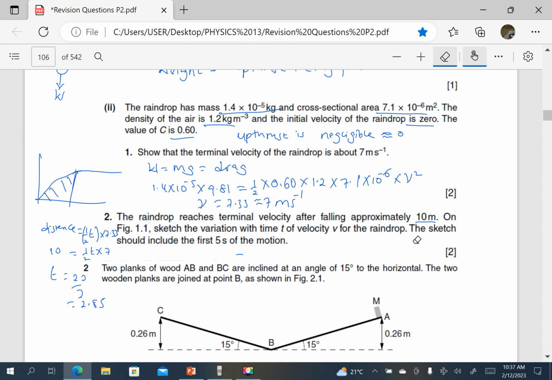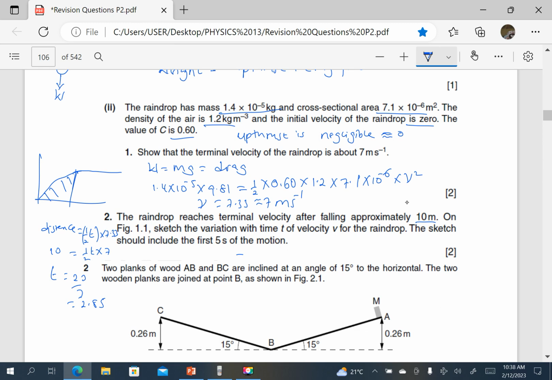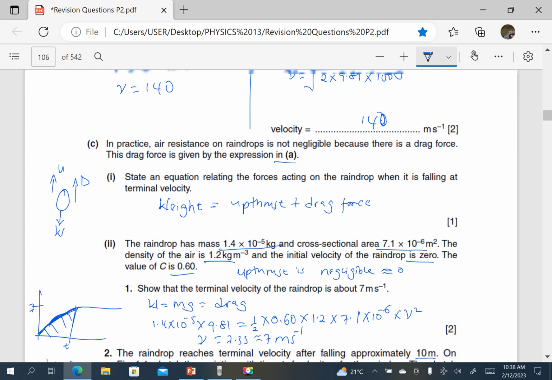I've assumed that when it reaches terminal velocity, the speed remains constant. So the area under that part is approximately the area of a triangle. That's why I've said distance is a half t, that is the base, times the velocity it will have reached, that is 7. So my graph must be horizontal by the time we reach 2.85.